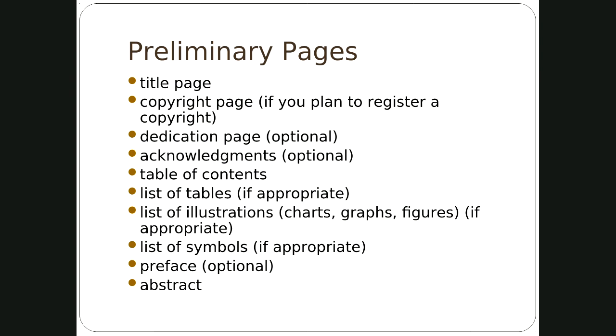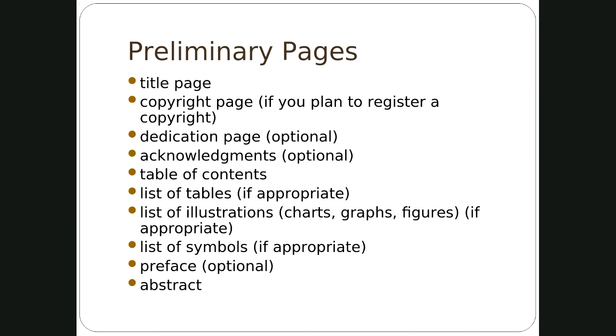So first of all, you're going to be turning in your preliminary pages. Some of the preliminary pages on this list are optional, but whatever you turn in, whether you go for just the required ones or add any of the optional ones, this is the order in which they always need to be in.